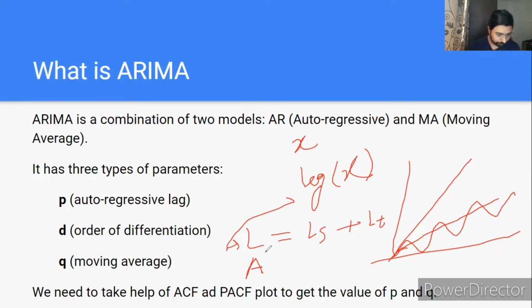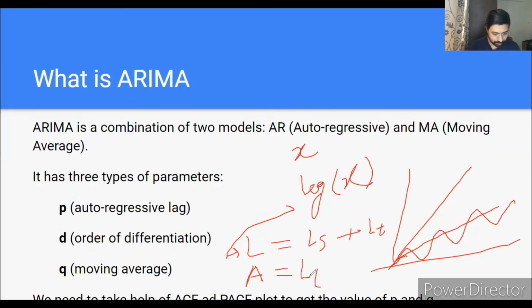A is equal to L, this is the time, not the trend. This is L_t minus L_{t-1}, so the differentiation is 1. It can be L_t minus L_{t-2}, where the differentiation is 2.